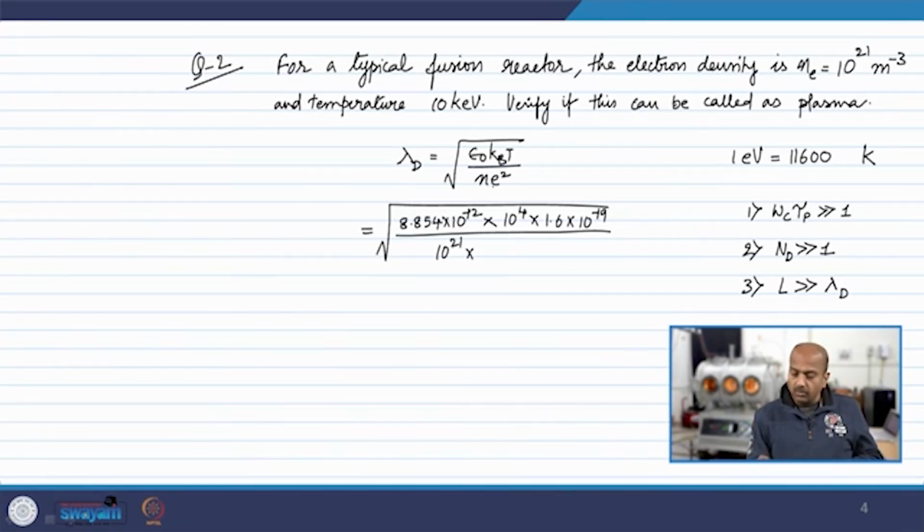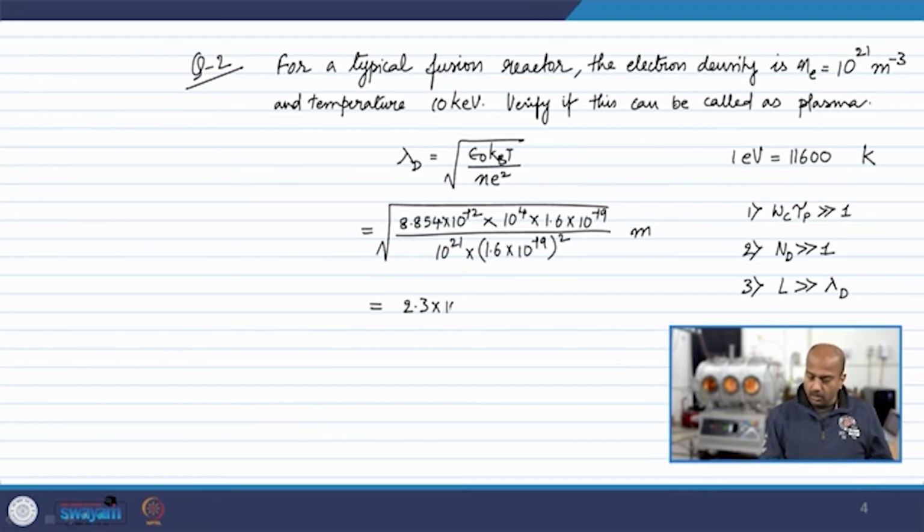Electron charge is 1.6 10 to the power of minus 19, e square. The units are meters. So, this will become 2.3 10 to the power of minus 5 meters.